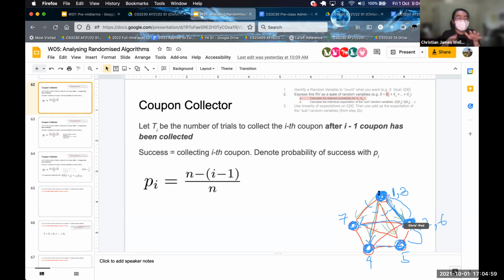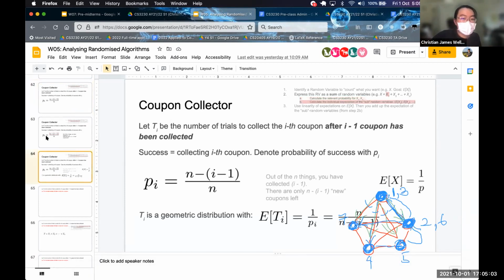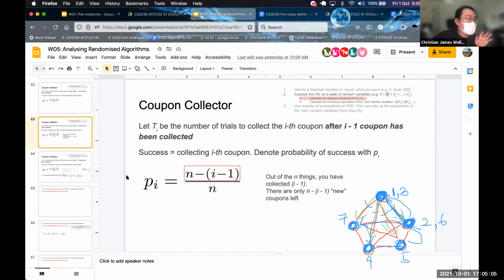So this is just a small caveat, but it's not that hard to fix. I'll let you think about it, but the fix is basically this probability, the probability of collecting a new coupon, or basically visiting a new node. Instead of it being n, it becomes n minus 1. It's as simple as that for the fix.